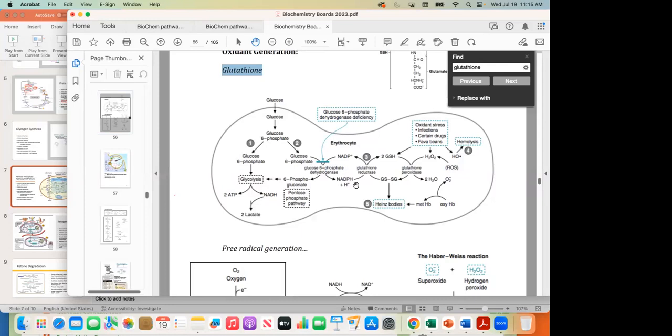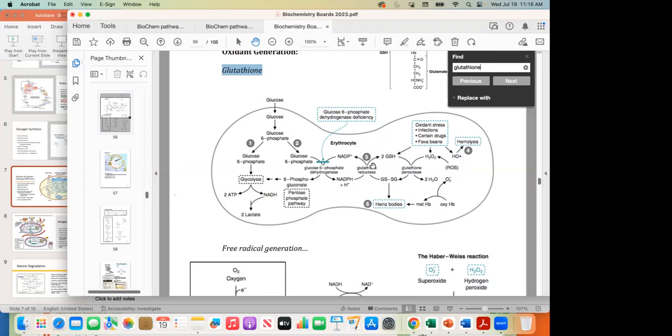When we have NADPH, through glutathione reductase, we can keep this cycle going. This keeps the red blood cells healthy if we have oxidative stressors, like infection, drugs, even fava beans. Reactive oxidative species like OH or H2O2 can get converted into water using glutathione peroxidase.